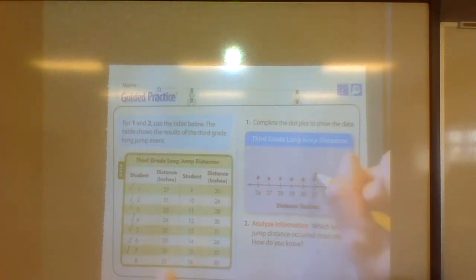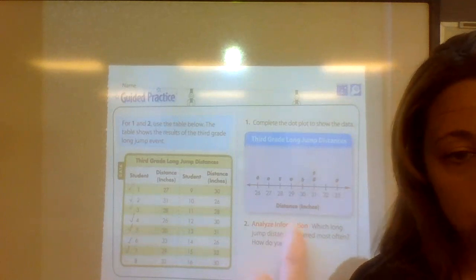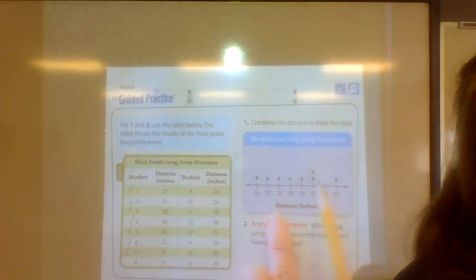31 inches. See, when I have another one, I just put the dot right above the original, the one that I had before. Just like your tally marks you put next to, the dots you put above.